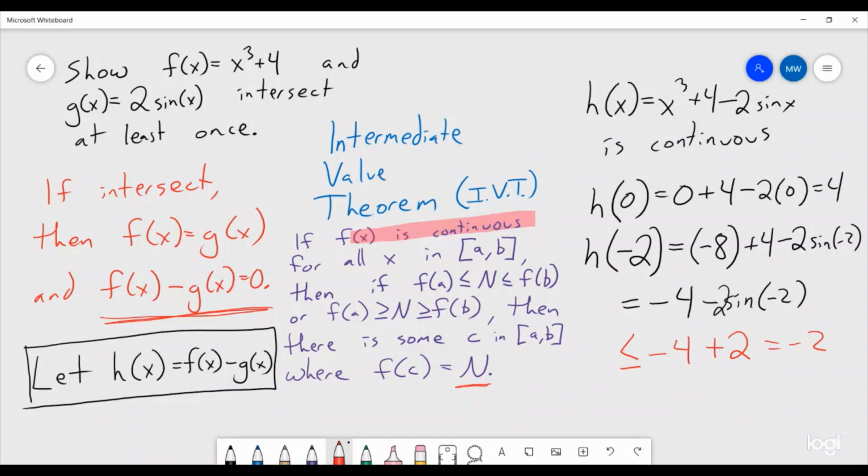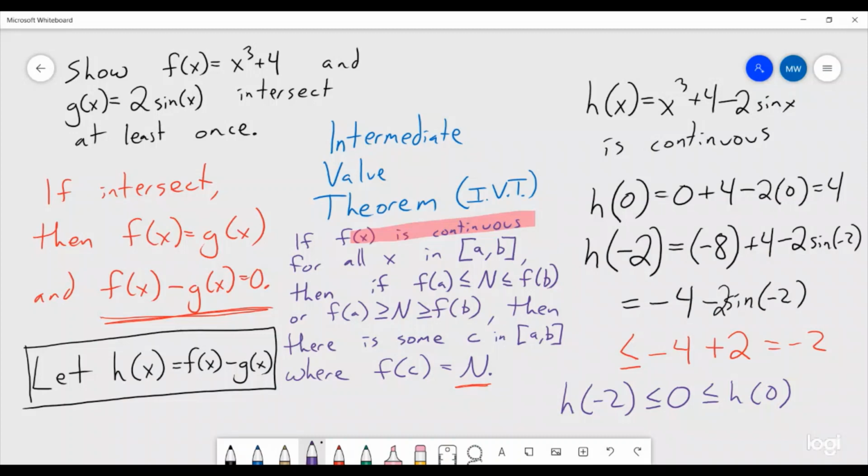So h of negative 2 is definitely negative. If you're not really seeing it there, replace negative 2 with something even more negative, like h of negative 100. That is definitely going to be negative. So that means we know that h of negative 2 is less than or equal to 0, which is less than or equal to h of 0.